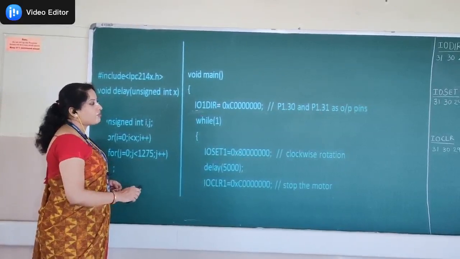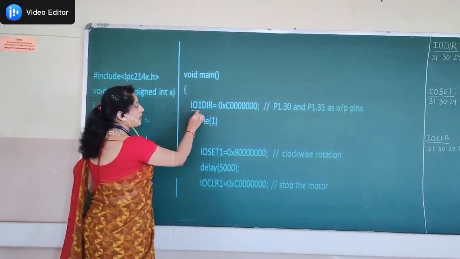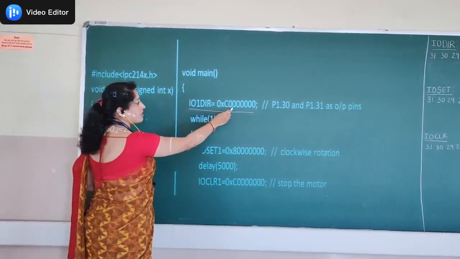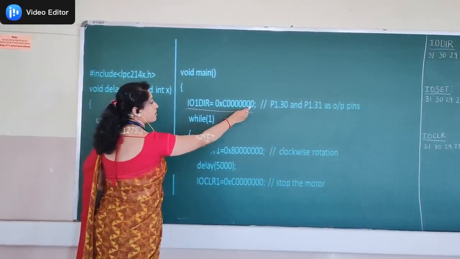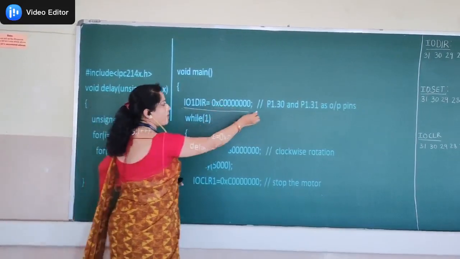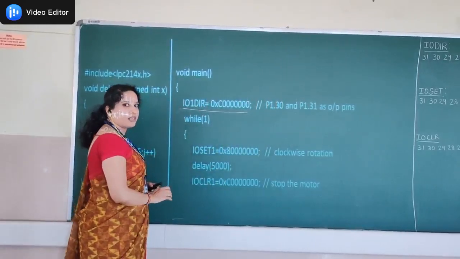For this we make use of the IO1DIR register. We load the IO1DIR register with the value 0xC0000000. This value will make port 1 pin number 30 and 31 function as output pins.